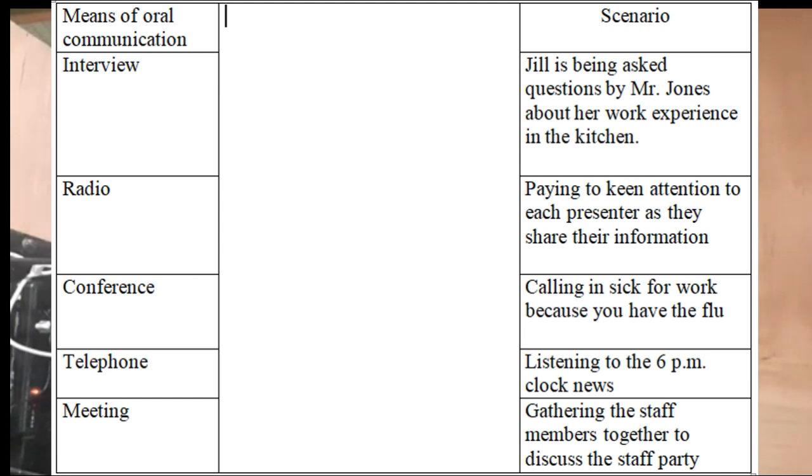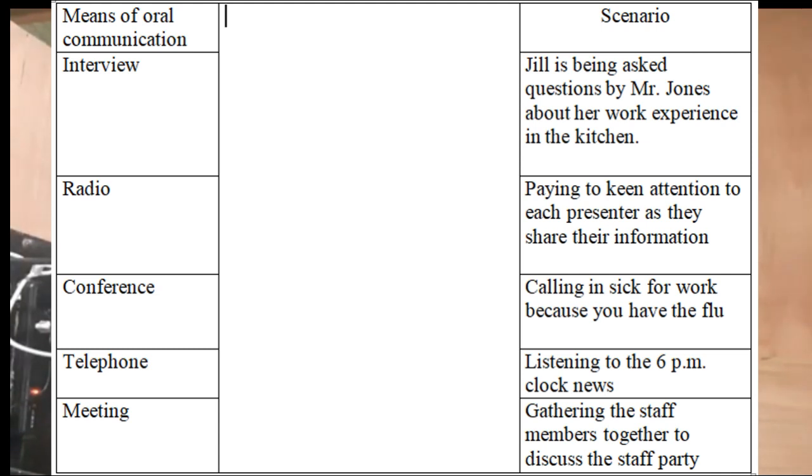We have in one column means of communication, and in the next column we have scenarios. The means of communication are interview, radio, conference, telephone, and meeting. I want you to read the scenario with your friends or in a group and decide which ones match together. Let me read the scenarios for you.